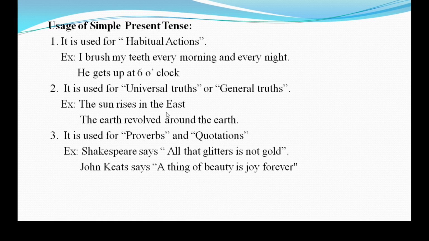When you observe these two sentences, we have learned these sentences since our childhood, and we may teach these things to our children and even to our grandchildren, because these truths will never change, because they are general truths.